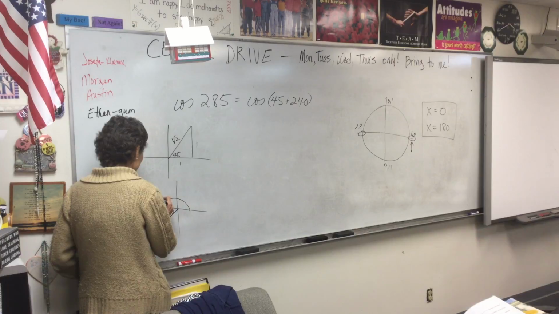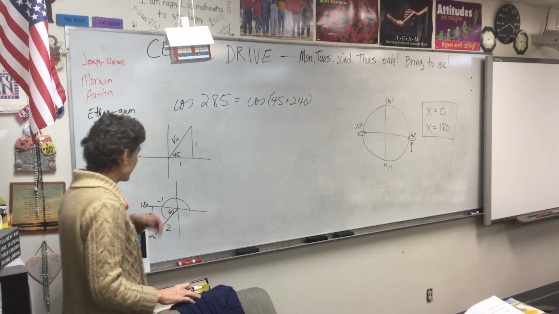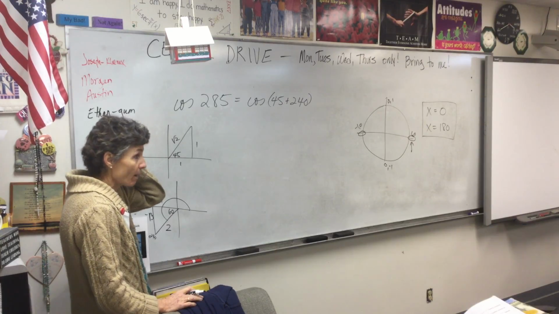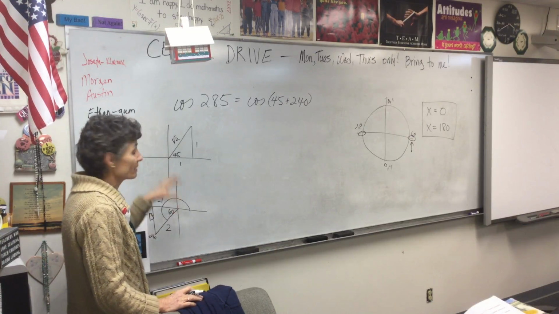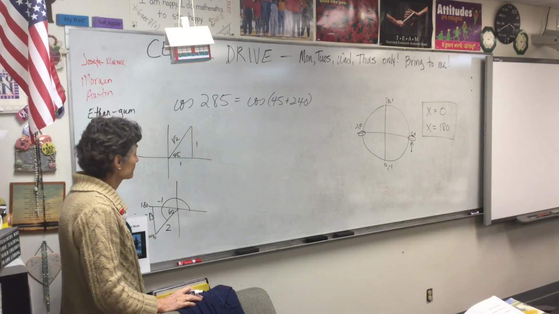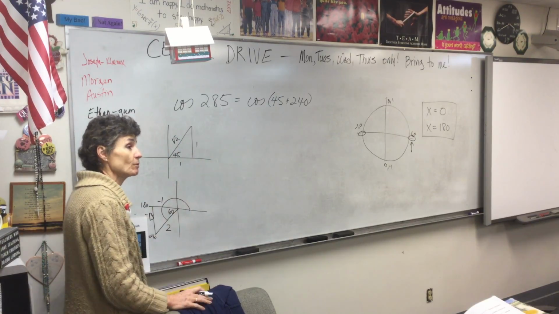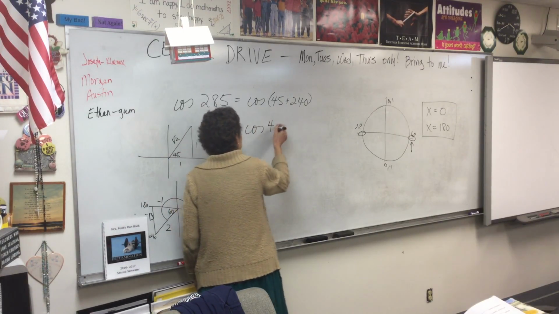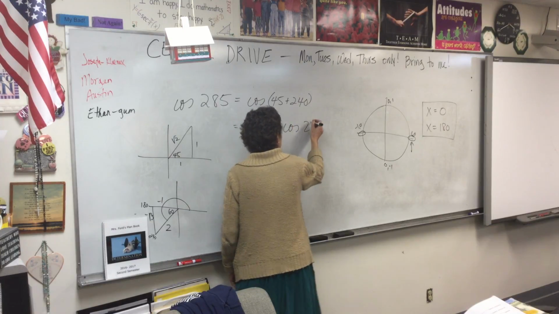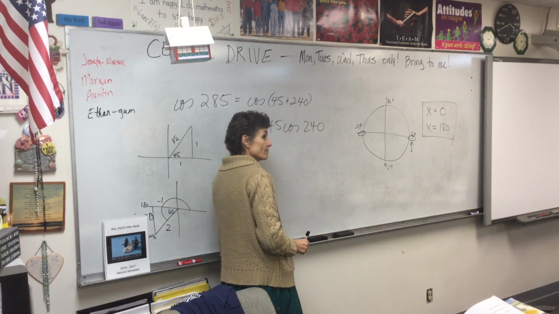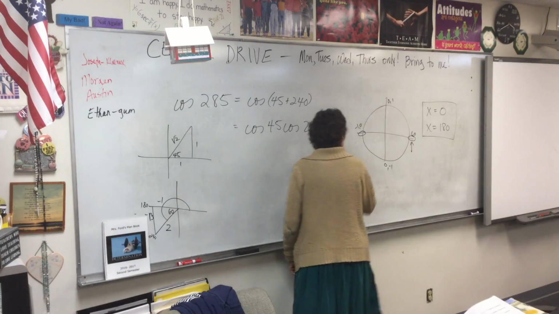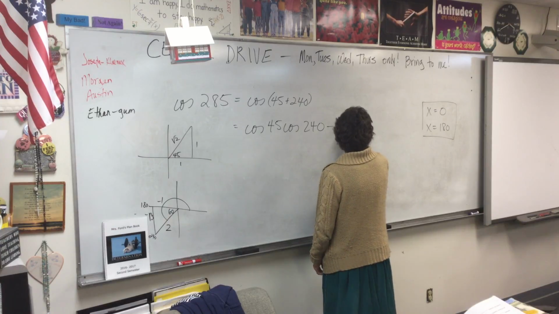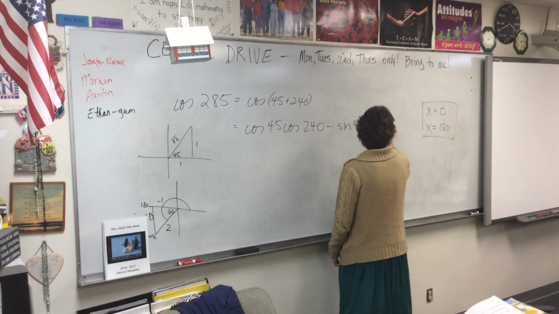So we are all set on our angles. Notice I drew both of them because I know what's coming. I know I'm going to have to be plugging those numbers in, right? But into what? First I need my formula. Cosine 45, cosine 240, minus sine 45, sine 240.